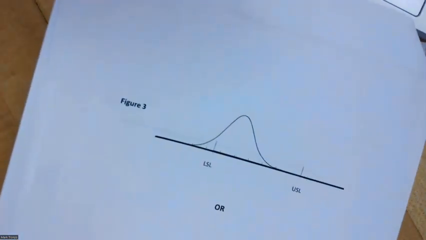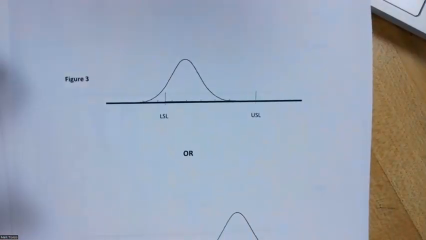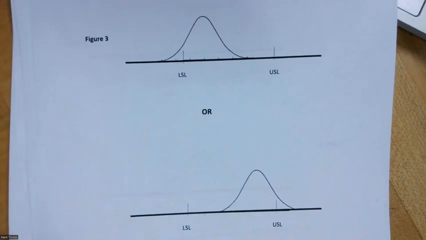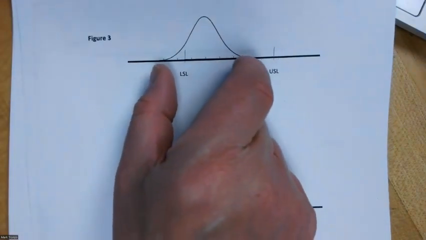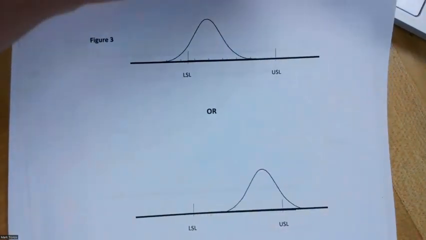So this one here, possibly this or this could be a candidate. Does it look like if we move these, we could get these within the specification limits? I'm thinking it looks like it could be 3.